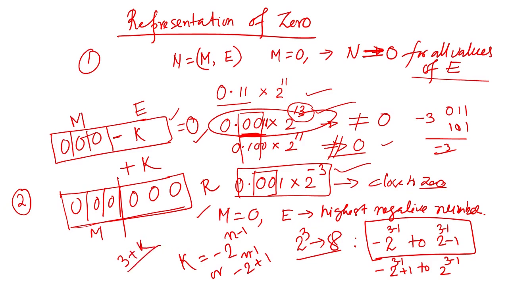So, then we will represent it as 3 plus k, and then when we do some operation we will subtract this one. Okay. So, then both ways are satisfied. So, this is coming minus k, the highest negative number, and then when we do the operation we are doing the same thing. Because we are adding k, this representation is called the biased exponent.